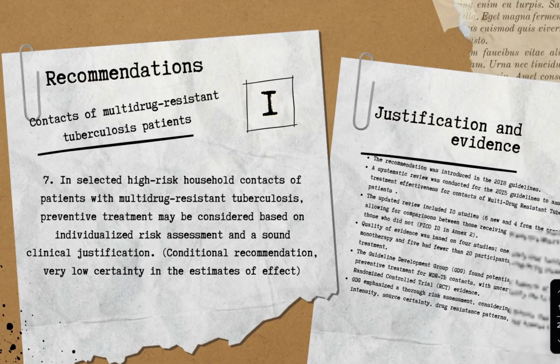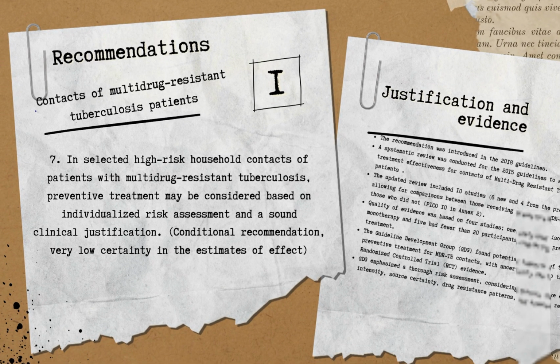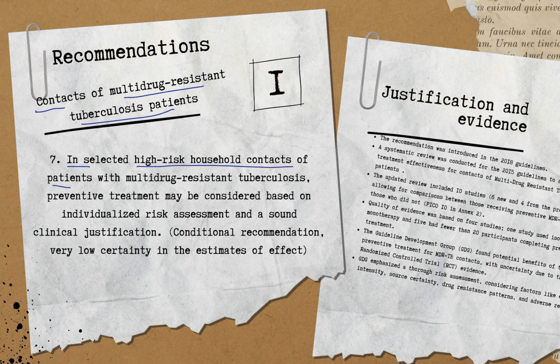Moving on to the next recommendation. Context of a multi-drug resistant tuberculosis patient. So they have now added the MDR context as well. In selected high-risk household contacts of patients with multi-drug resistant tuberculosis, preventive treatment may be considered based on individualized risk assessment and a sound clinical justification.